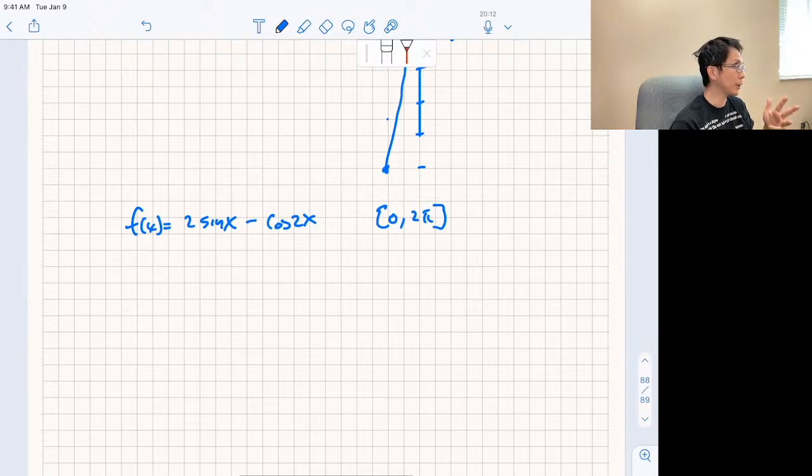Mandy, do you know your double angle identity? Yeah, sine 2 sine x cosine. Yep, sine of 2x is equal to 2 sine of x cosine of x. You don't have sine of 2x, you have cosine of 2x. You haven't taken the derivative yet. The original function doesn't need to worry about it. Right?